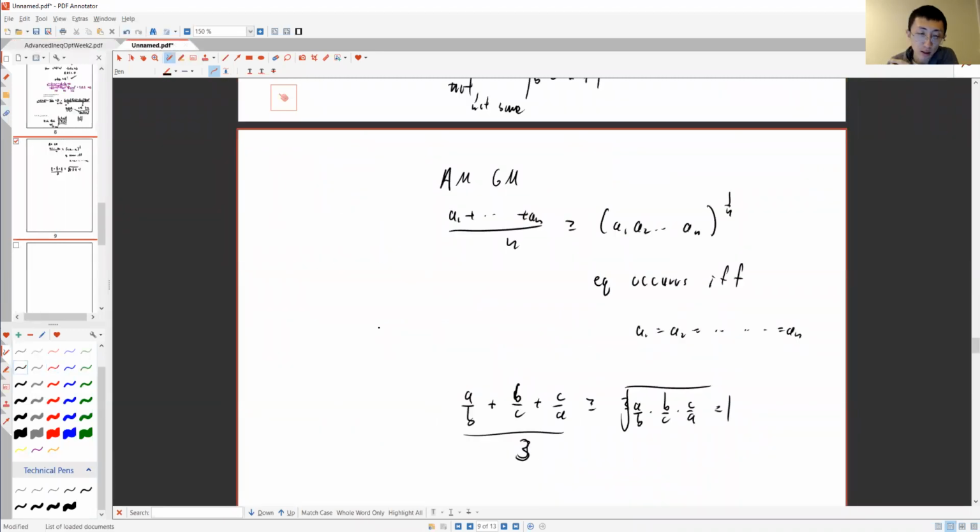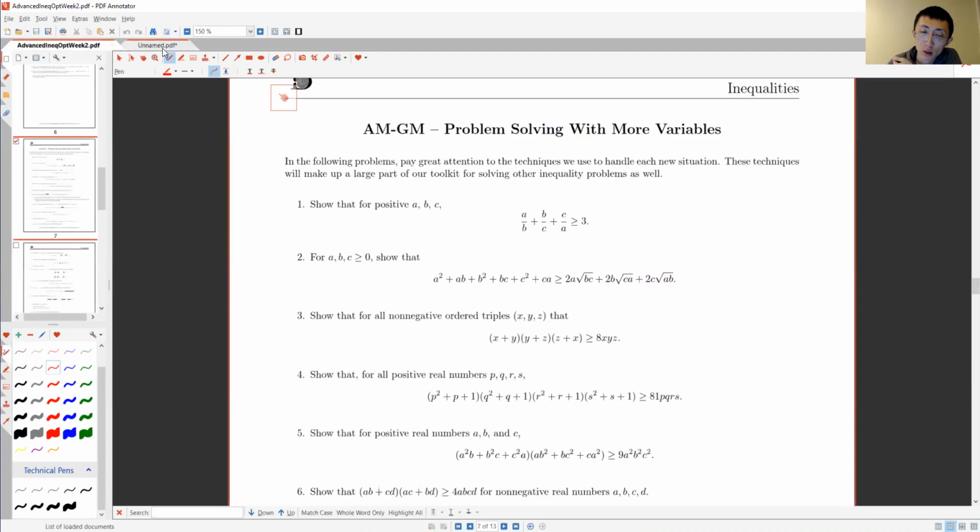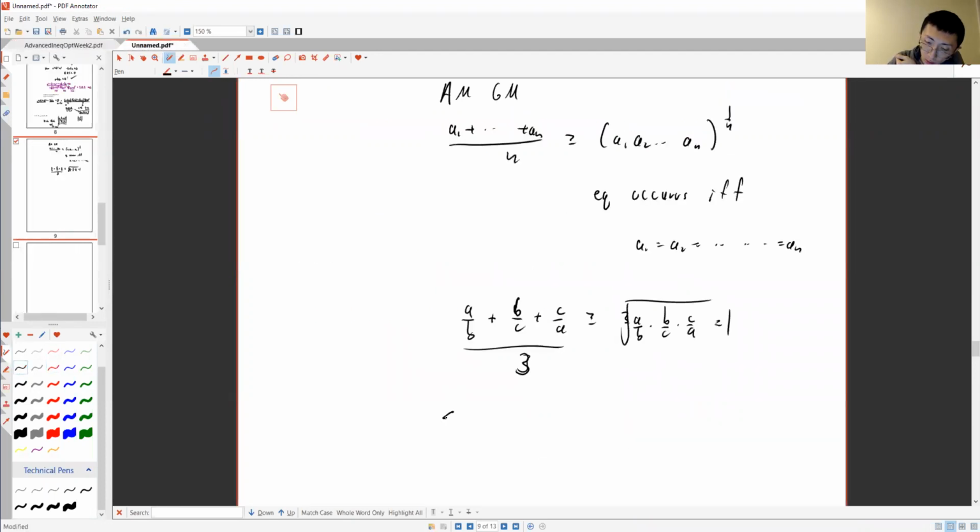So maybe you can write this as, what did it say again? If you write sum cyclic, it just means you cycle through all the variables. So this means this, and this means this.